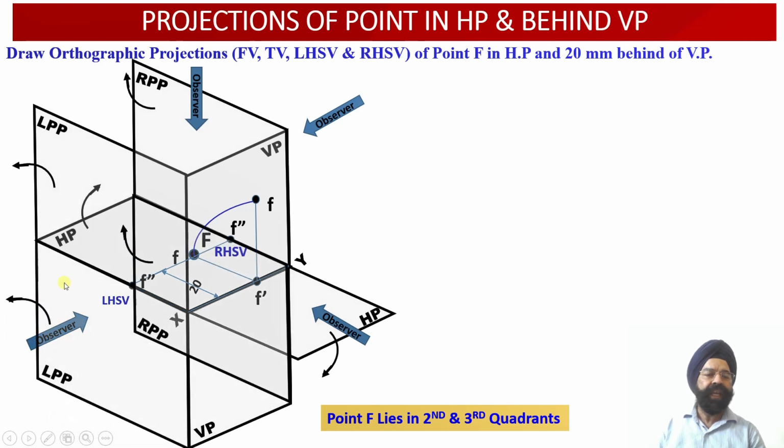So this way we are now going to introduce the left profile plane into the third quadrant. We have introduced the right profile plane into the third quadrant as well.